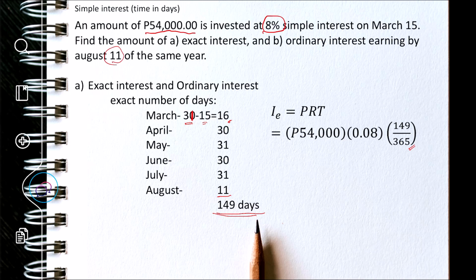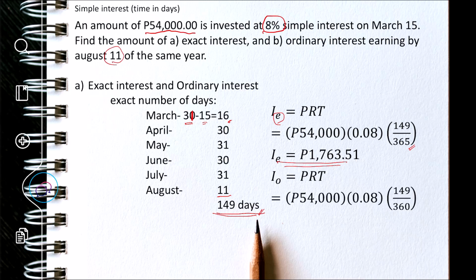And the day na meron tayo, that is 149 divided by 365 because this is an exact interest. Then, the exact interest is 1,763.51 pesos.